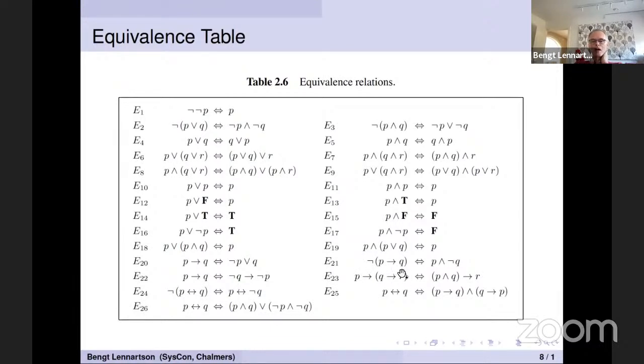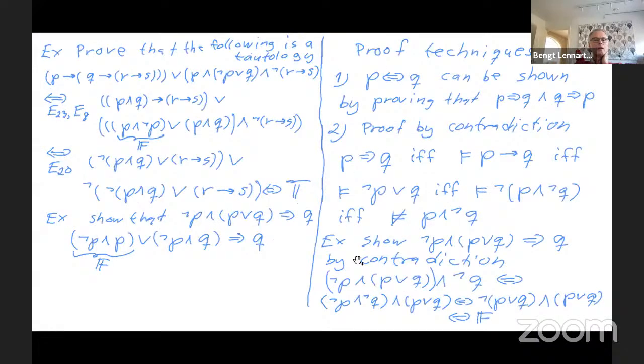If we apply this, and now this R here is actually R conditional S. So first we apply the rule I mentioned, this E23, which means that you can take P and Q conditional R conditional S. Then if we look at the rest here, we can also use this, let's call this the multiplication or the mix between or and or.